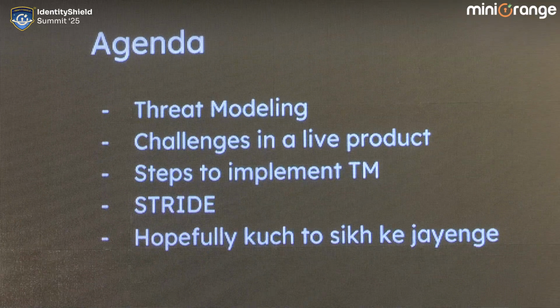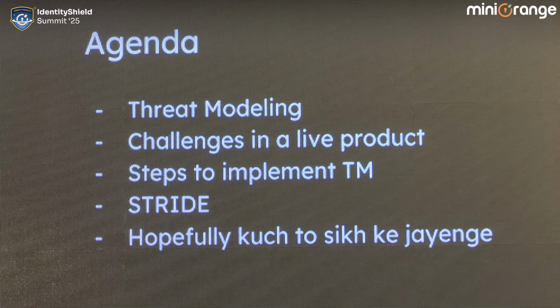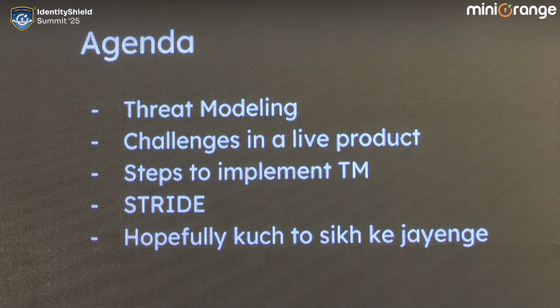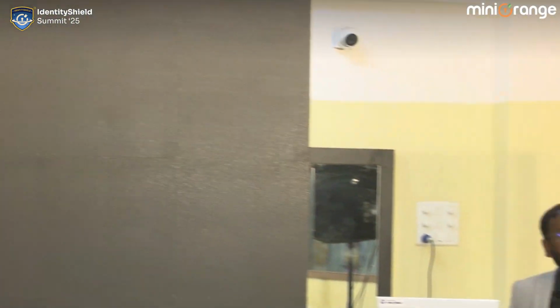We have users and everything, right? While implementing, there is one framework. I'll be covering only that framework. There are more, but I'll be focusing specifically on the STRIDE model. Hopefully you will all learn something here. So without further ado, let's start.